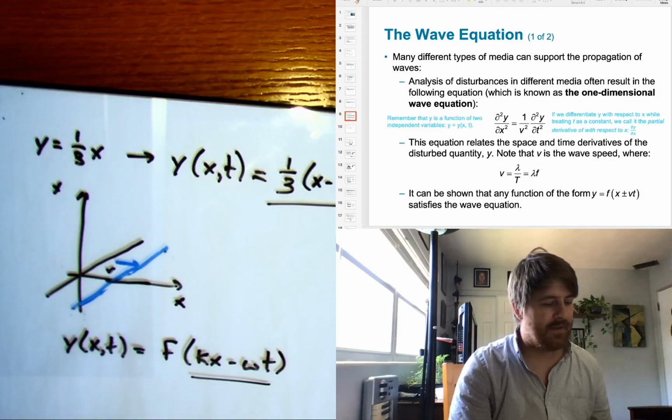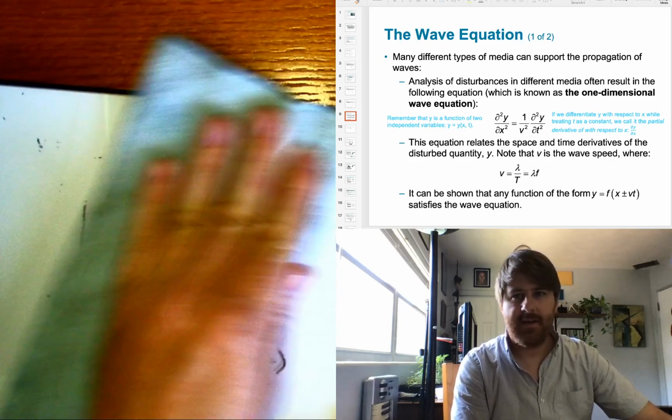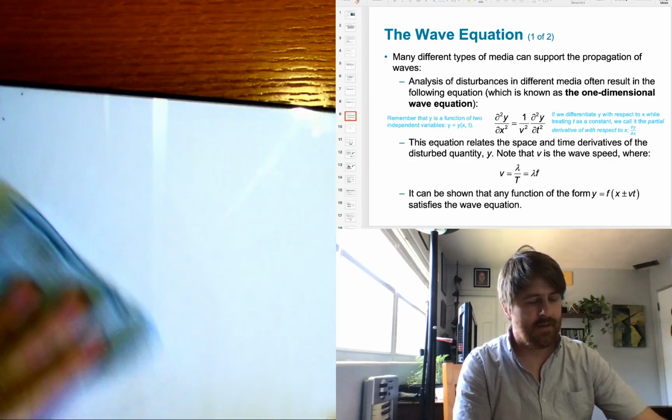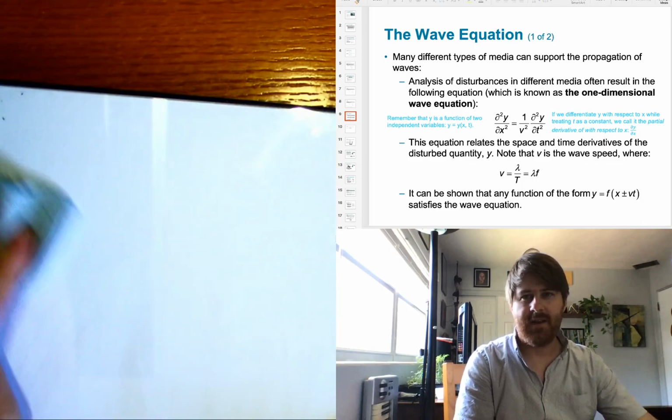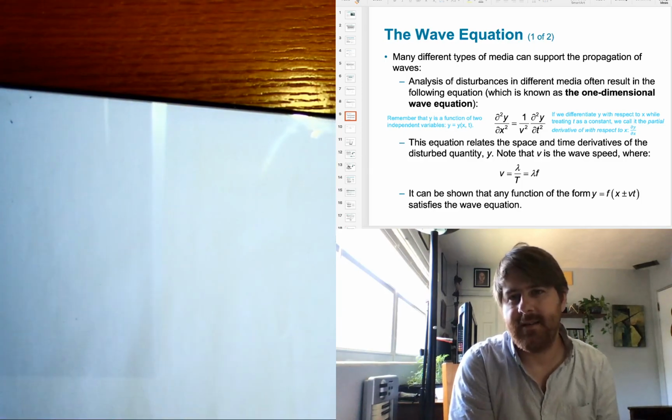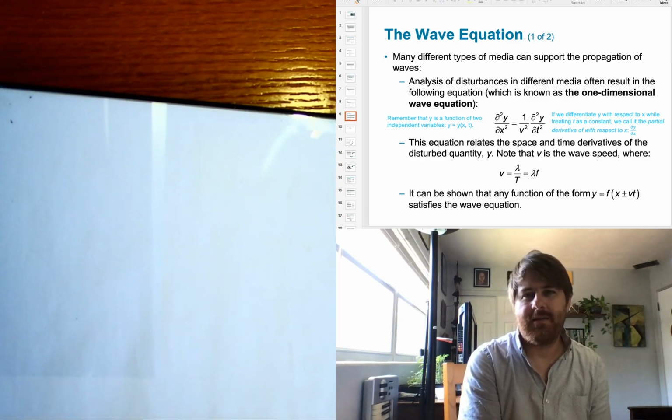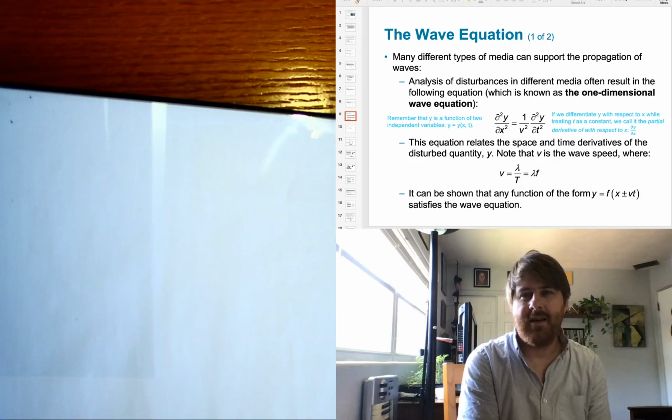And what the wave equation says is that the second derivative of y with respect to x is proportional to the second derivative of y with respect to t. And the constant of proportionality is 1 over the velocity squared.